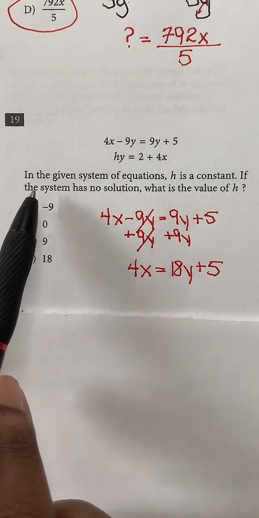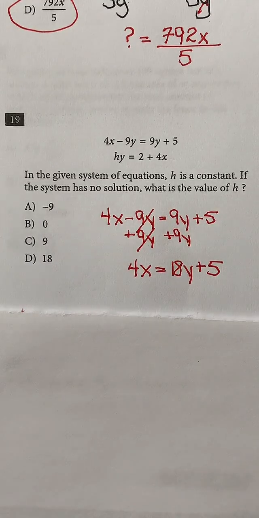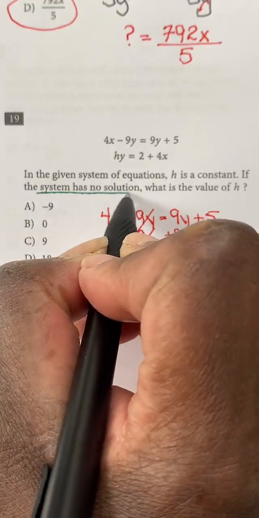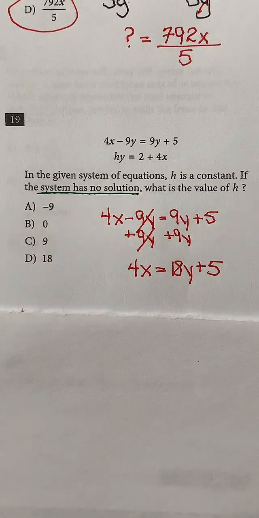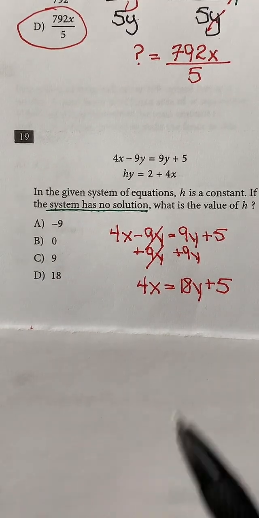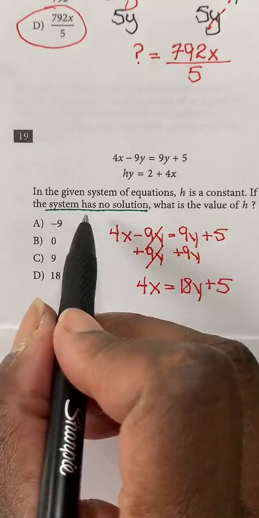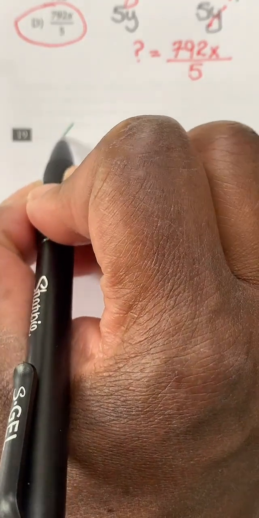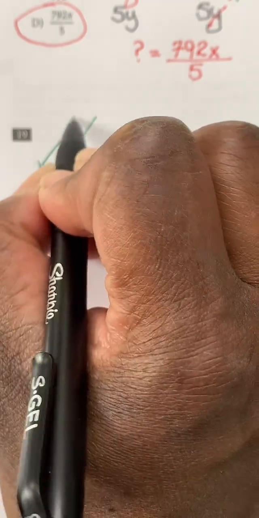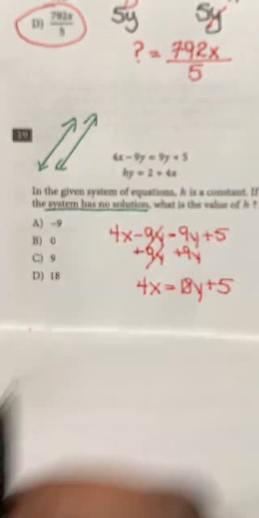So now I'm going to go back to the actual problem. What the problem states is that the system has no solution. When you know about system of equations, when you have lines, because that's what you're graphing, straight lines, when you have lines that do not intersect, they're called parallel lines.